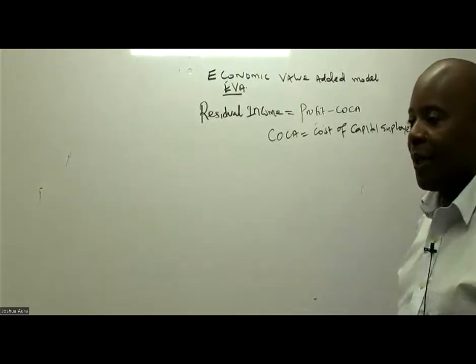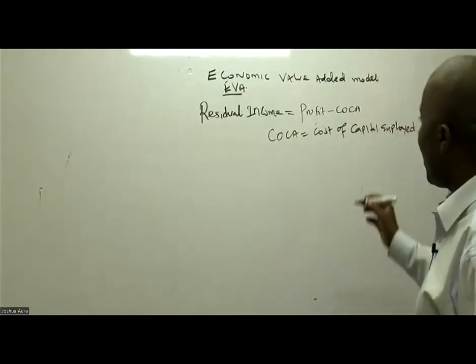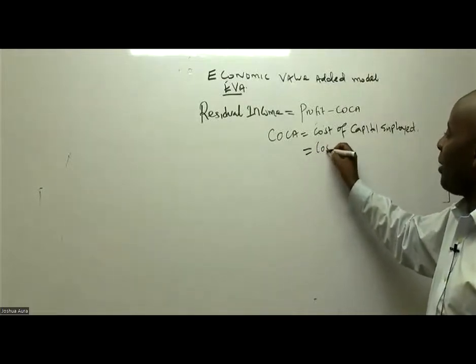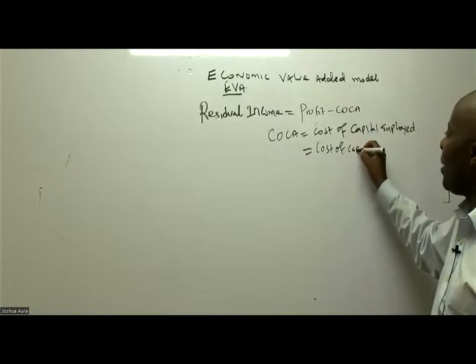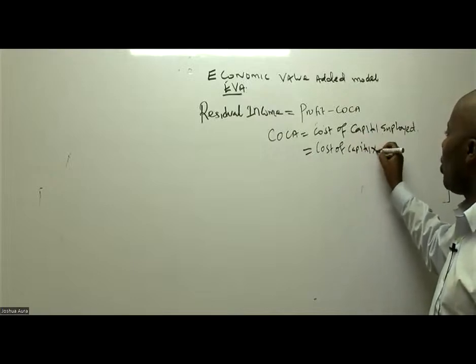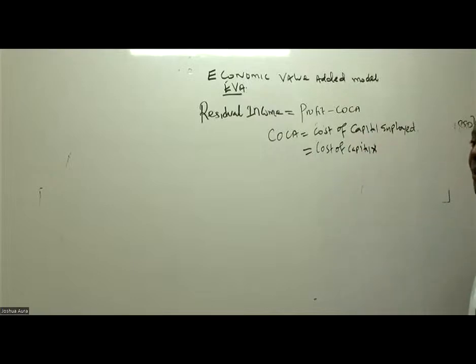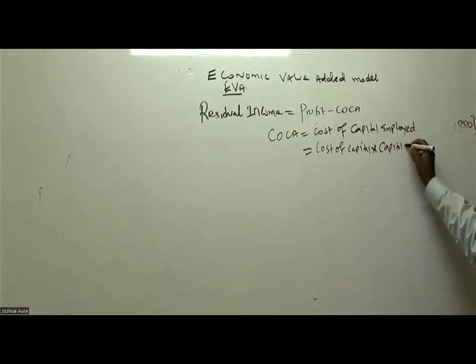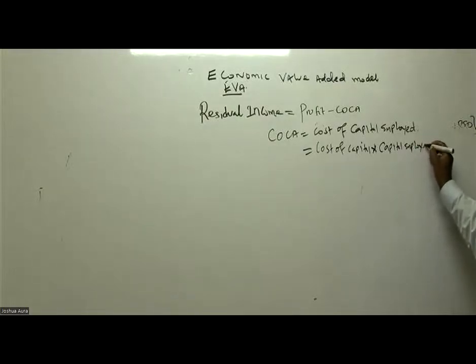So remember, to get this cost of capital employed, at times the examiner will give you cost of capital times the capital employed, at the beginning of the year if possible.